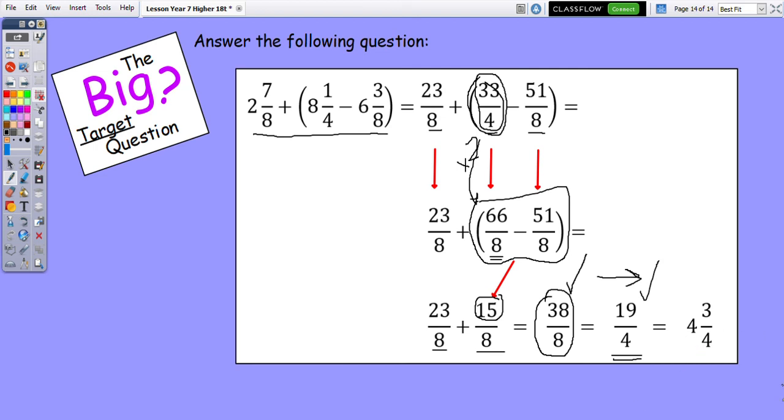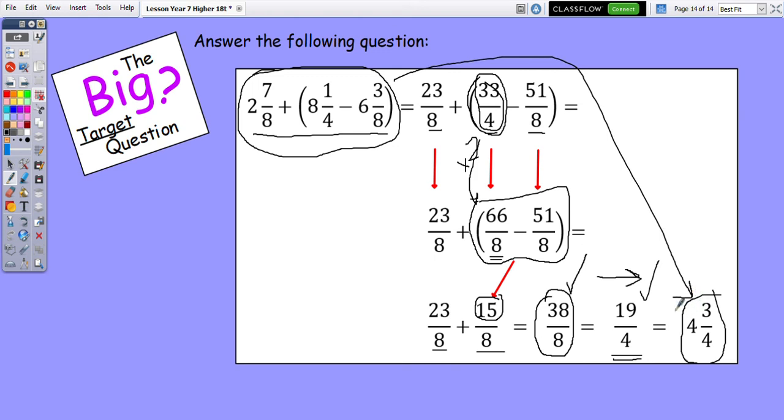And then I converted it to a mixed number. 4s into 19 is 4, remainder 3. So this question actually equals 4 3/4. So well done if you got that.